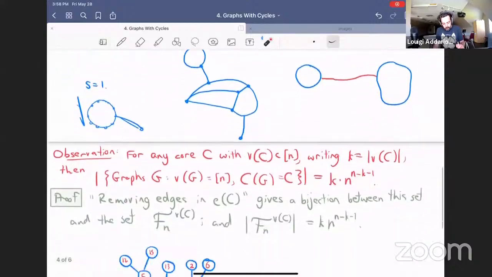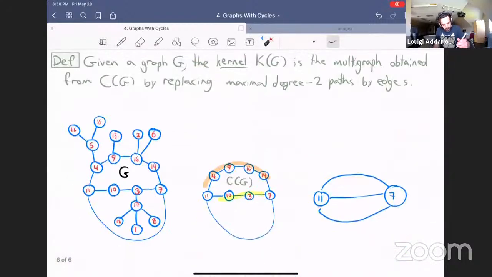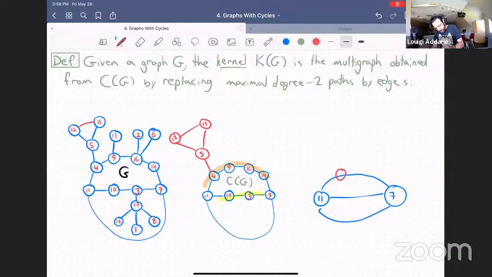So if in this example there had been, say, an edge between 12 and 15 here, then the core would have included this loop 5, 12, 15, and then we would have ended up with a more complicated kernel here, which would have had a loop hanging off of this edge. Okay. So both multiple edges and loops can arise.